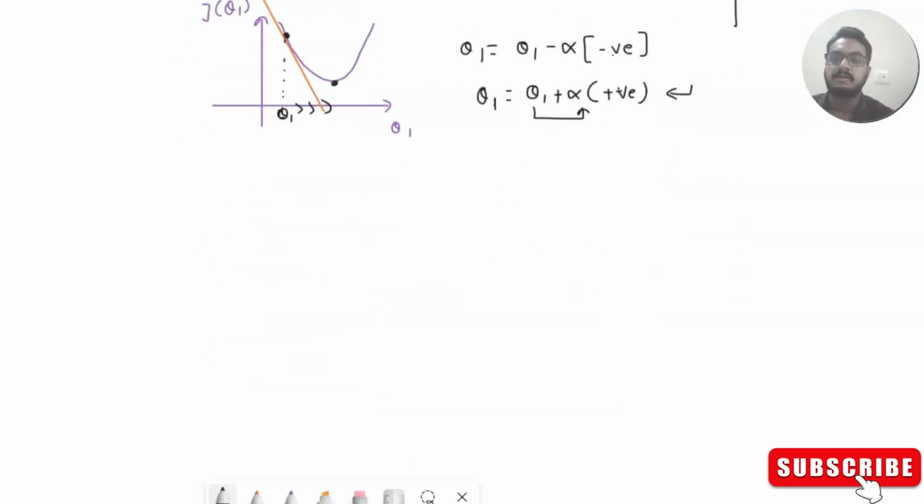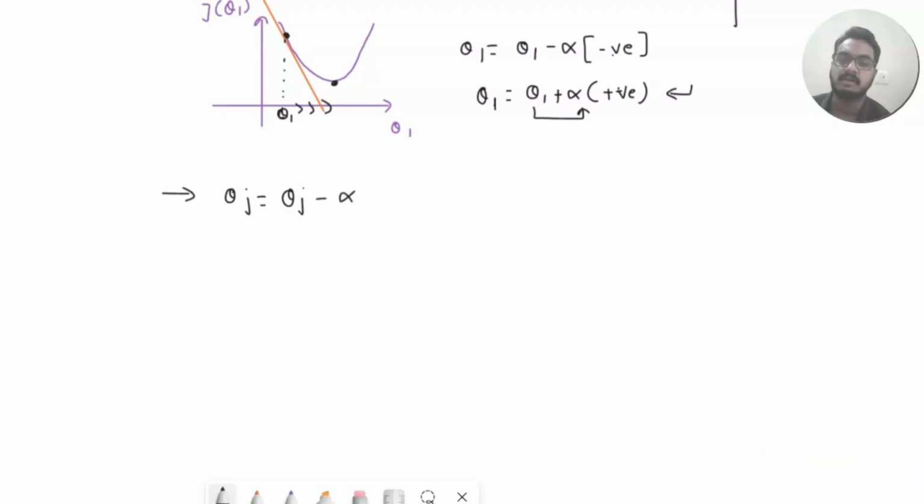Now, let us expand this expression and find out what the theta 1 and theta 0 values are. So theta j is updated using this expression: theta j minus alpha times the partial derivative with respect to j of the cost function, which has two parameters, theta 0 and theta 1.